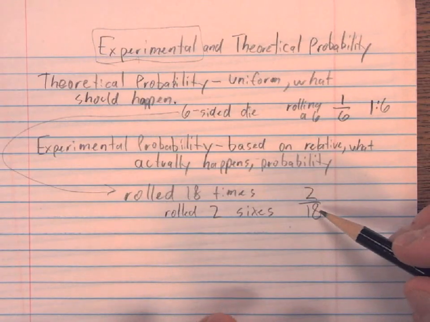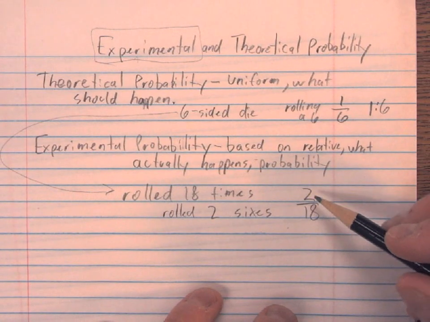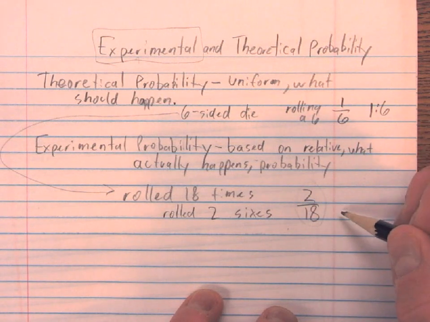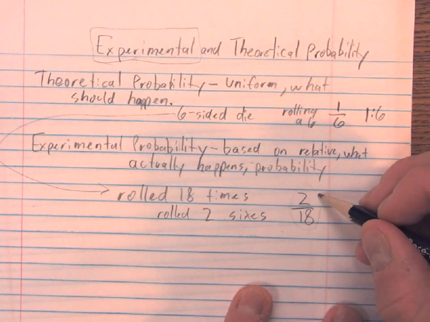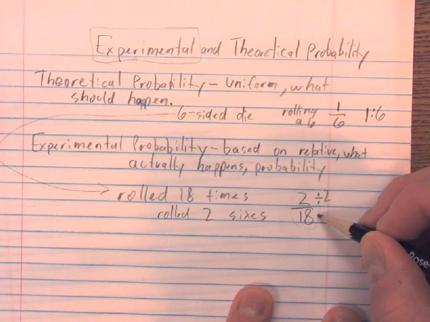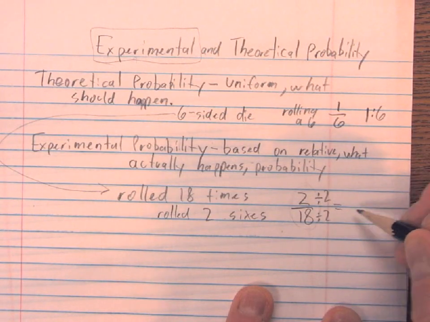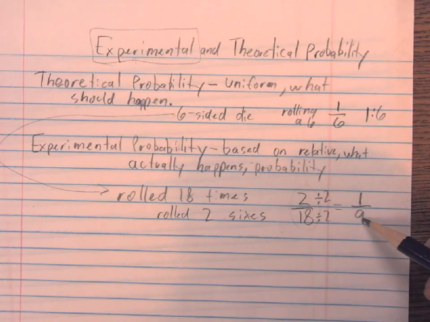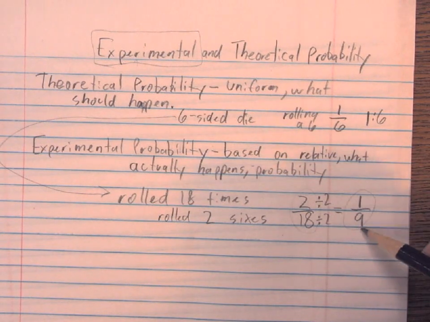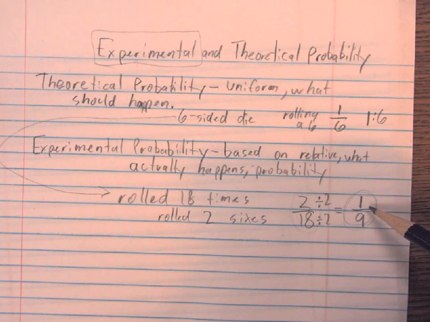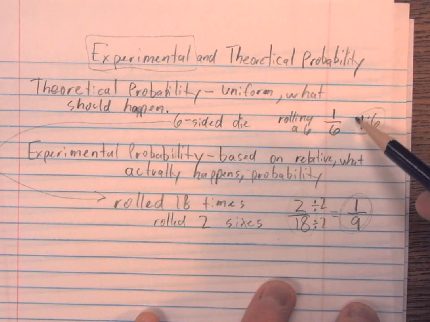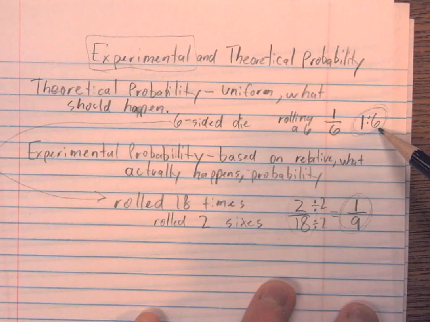That's the probability that I would get a 6. Just like fractions, just like ratios, we have to simplify this. To put this in simplest form, I could divide both top and bottom by 2 and get 1/9. So my actual probability after I roll the die 18 times says that 1 out of every 9 rolls is going to give me a 6. But theoretically, it should be 1 out of every 6 times.